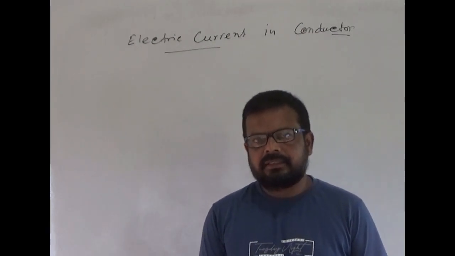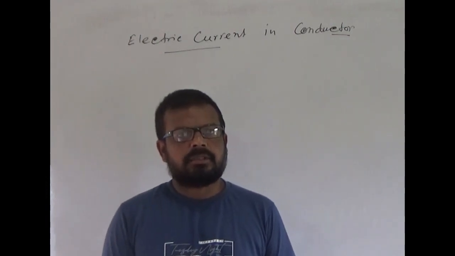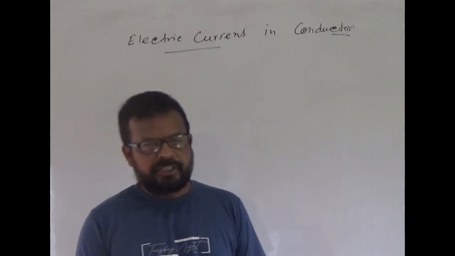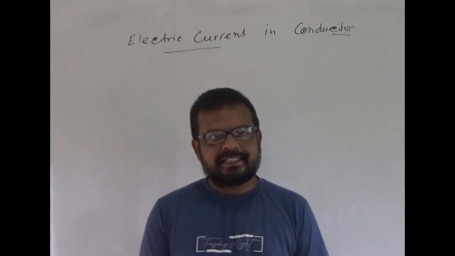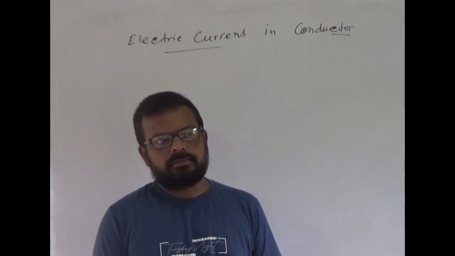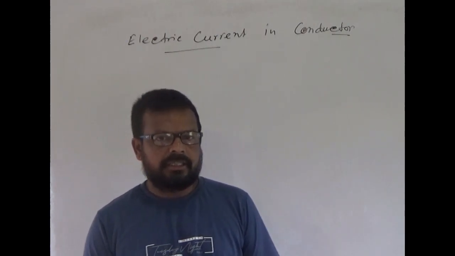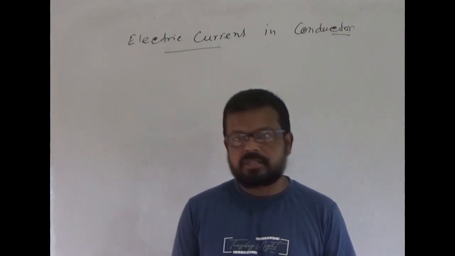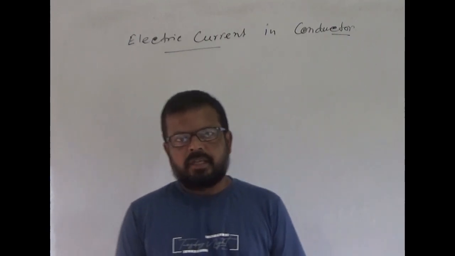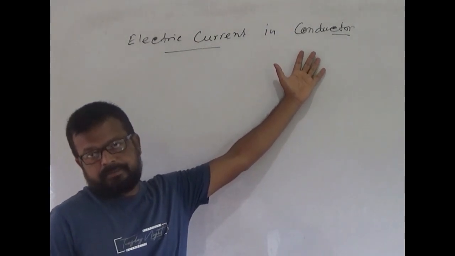Now, a conductor is a material which can conduct charges. That means a material in which charge can travel easily is called a conductor, and a material in which charge cannot travel is called an insulator.